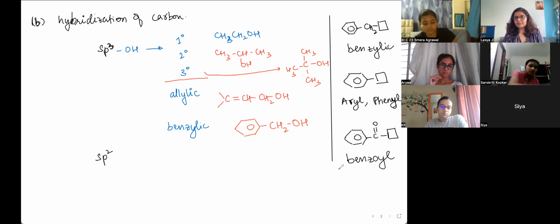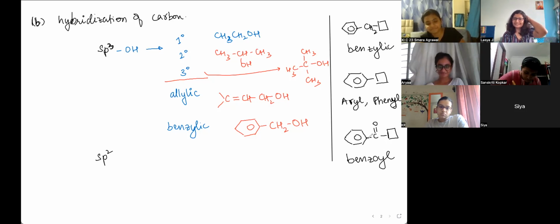Whenever you come across any compound whose name is written in words, pay attention whether it's saying benzylic, benzoyl, or aryl or phenyl, because the three of them are quite different. Benzyl chloride is different from benzoyl chloride. Benzyl chloride is this. Benzoyl chloride is an acyl chloride. Phenol is aryl, right?